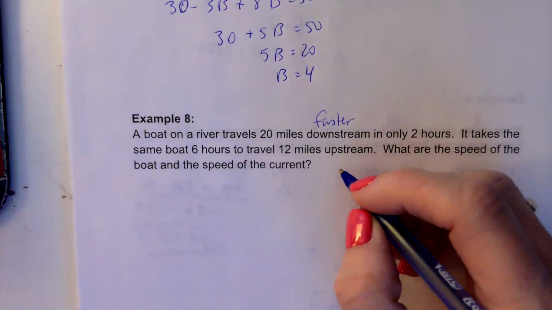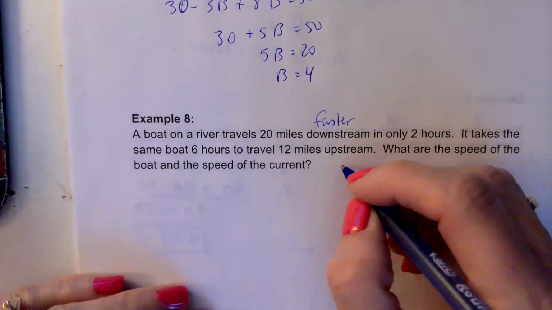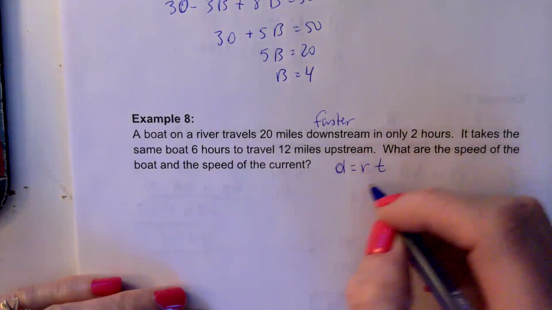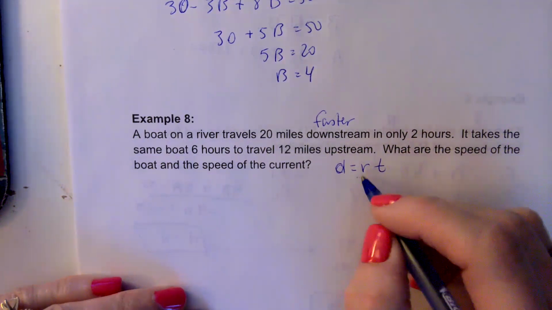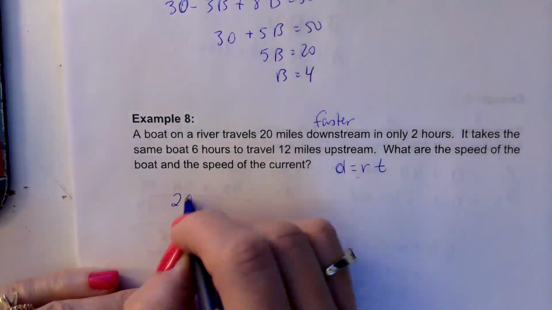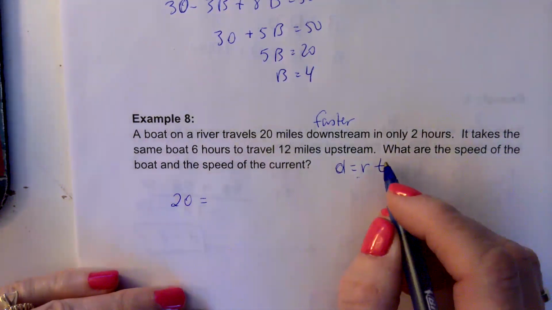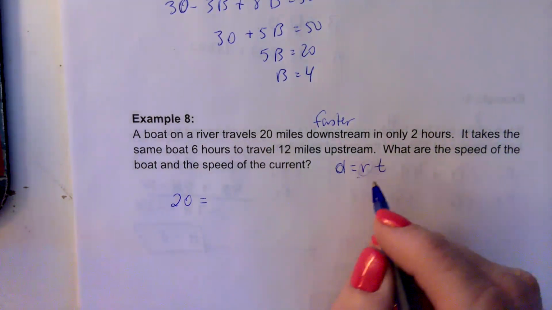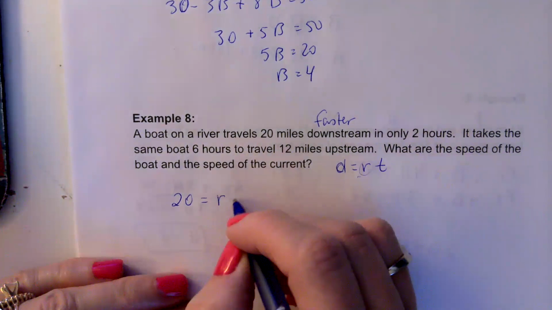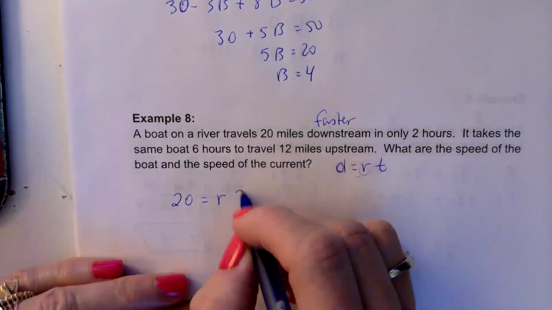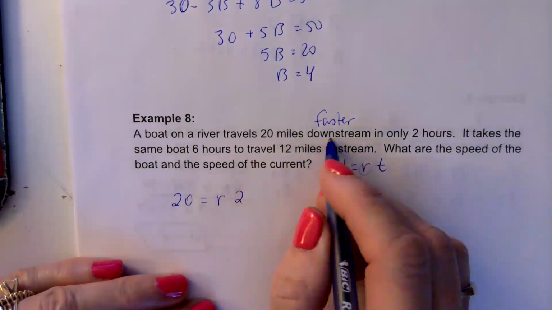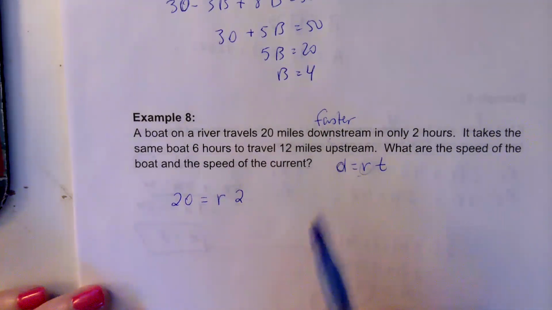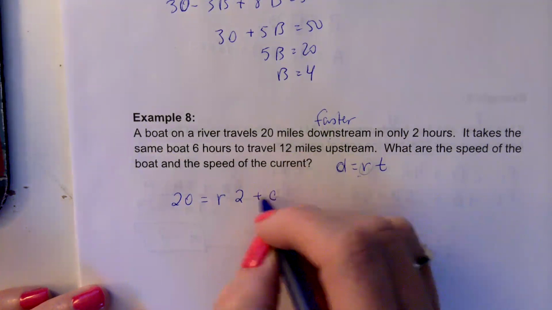So we have distance always equals rate times time. Okay. So if we can go 20 miles in whatever the rate is, we don't know, times 2 hours, and we are going faster in the downstream. So we have some kind of a current, right?